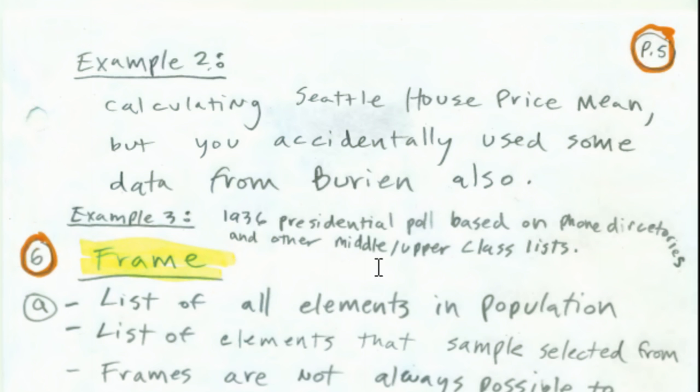So the views they got were highly biased. This famous poll disastrously mispredicted the outcome. And of course, Roosevelt won. Here, the sampled population was the middle upper class instead of what they really wanted, the target population, which was lower, middle, upper, and everything else, all the classes together.